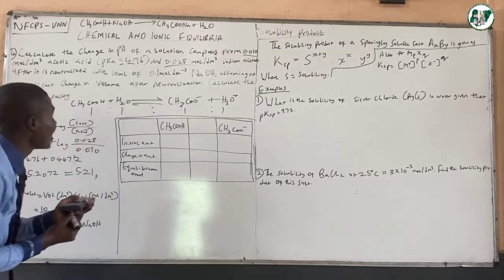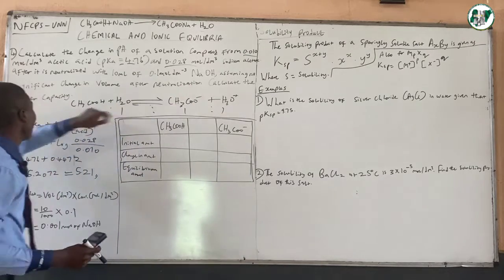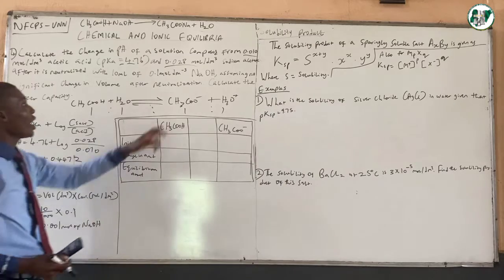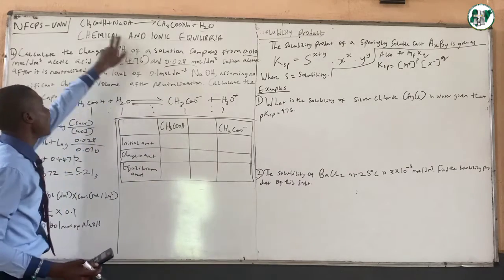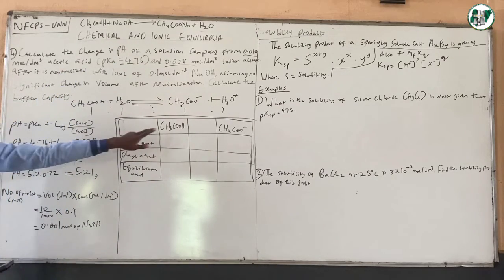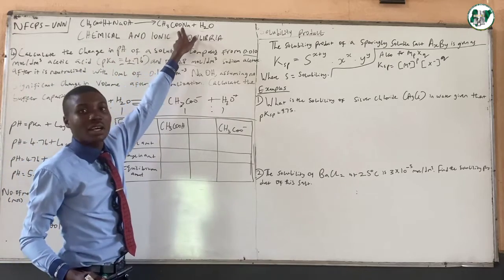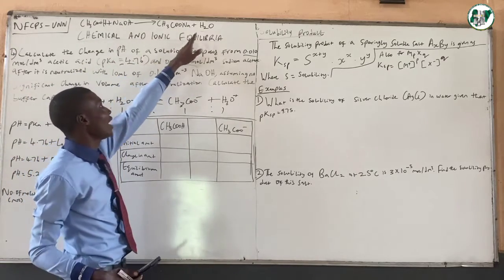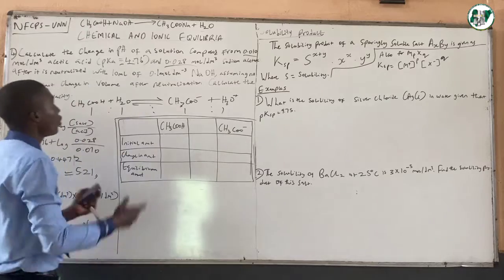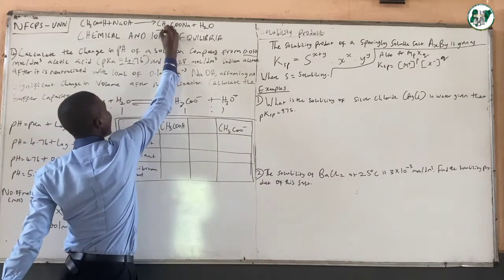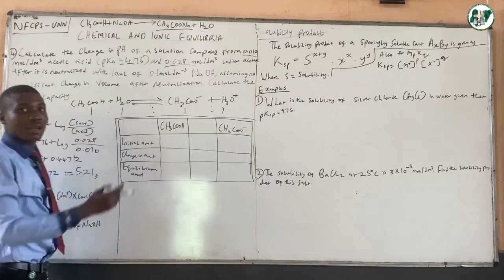So what we have here is the addition of a base, and the question already gave us a hint that it's a neutralization reaction. When a base is added, the base will react with the acid, which is the acetic acid, and lead to the formation of water.